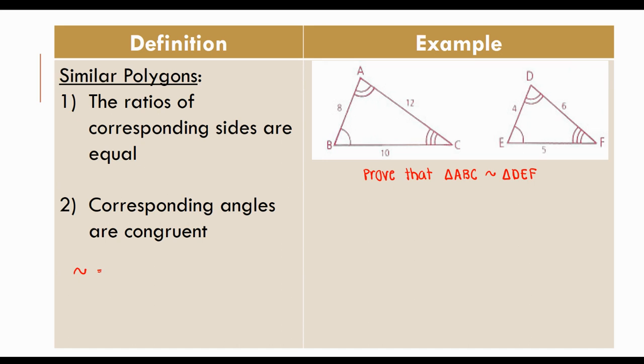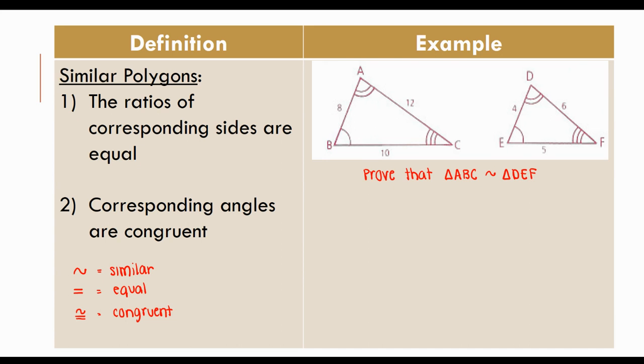This symbol represents similar. Obviously, this symbol represents equal. And then this symbol represents congruent. So notice that congruent is both similar and equal. Take the pieces of a congruent symbol apart and you have similar and equal.